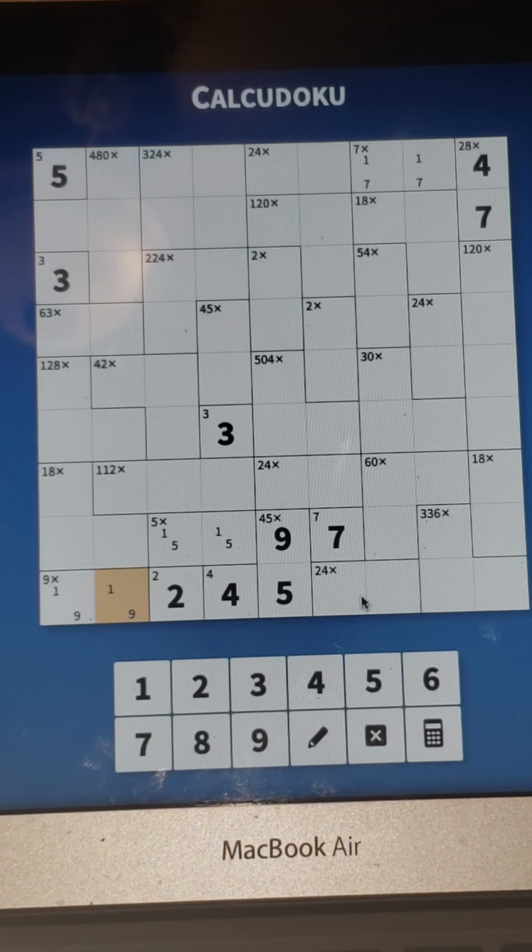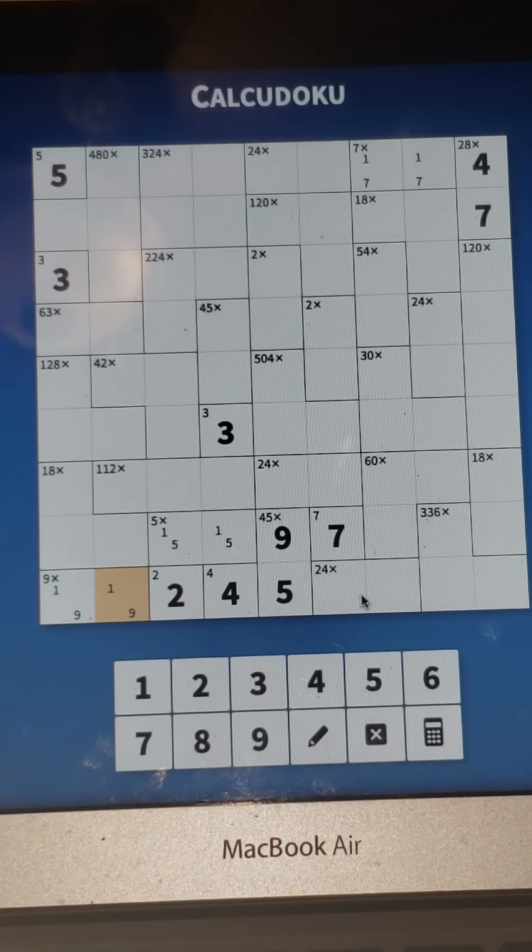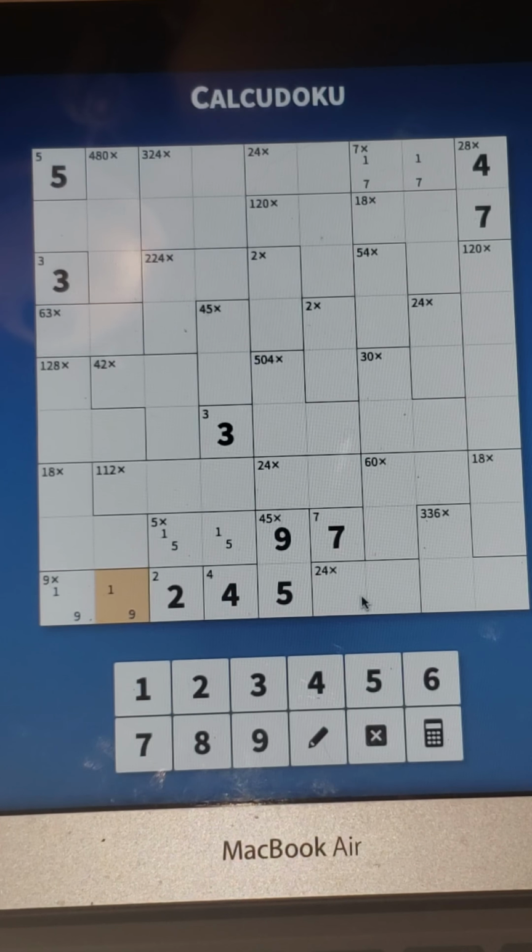Now with times 24, the only two that would work are 8 and 3, and 6 and 4. And 6 and 4 can't work because of this 4 right here.